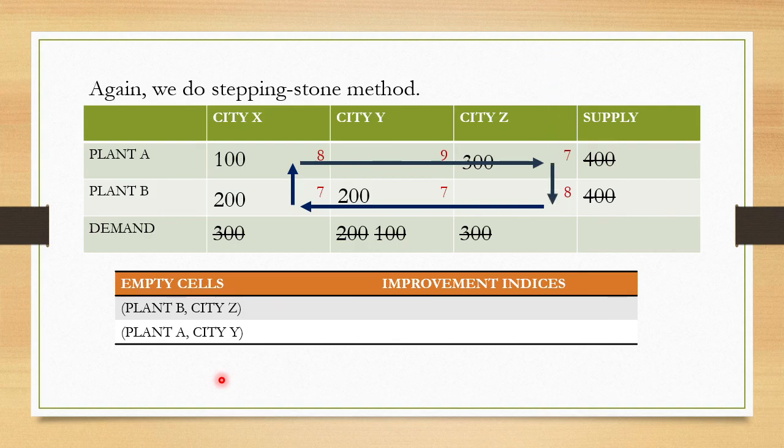For plant B, city Z, the improvement index is positive 2, and for plant A, city Y, the improvement index is positive 1. Notice that the improvement indices are positive or 0, and hence we cannot lower the transportation cost anymore. This means that this transportation model gives us the minimum transportation cost already.